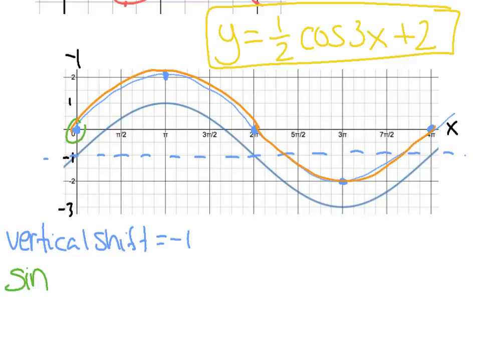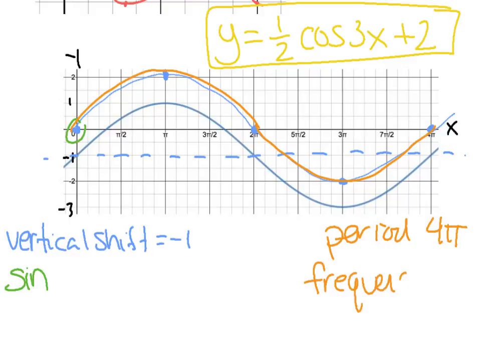Well, that's going to be 4 pi. So my period is 4 pi. And that's going to help me figure out what my frequency is. Remember, my frequency is how much this occurs in 2 pi. So if you look at the graph, 2 pi is halfway. So even though my period is 4 pi, my frequency is going to be half of that, so 1/2.